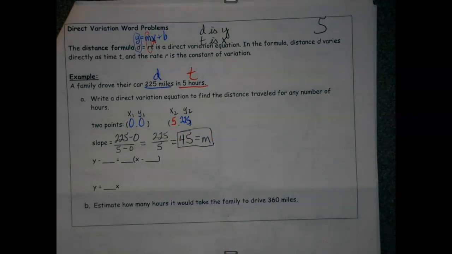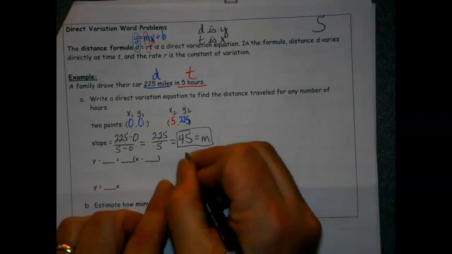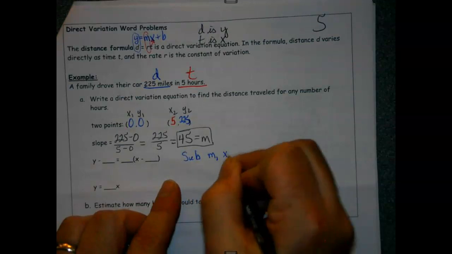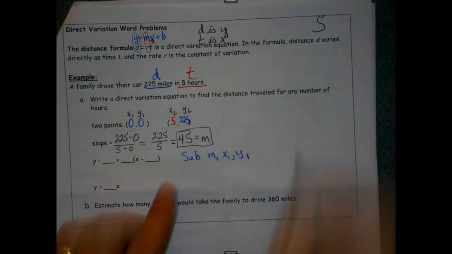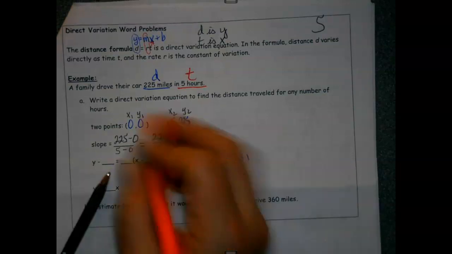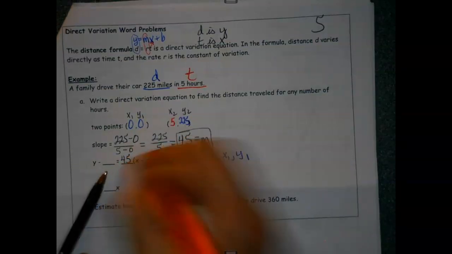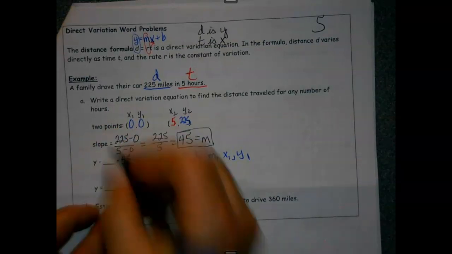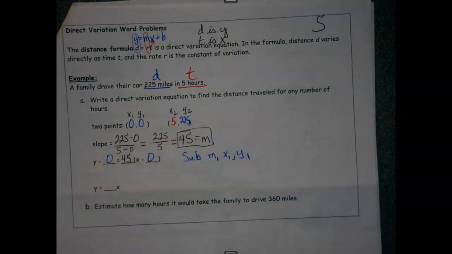And again, when I go to do my equation, we're going to substitute m, x1, and y1 in. I won't write the whole point slope form down again, because we had that in the last one. But if I plug in my m, and then x1 and y1 are always 0, that's always nice.